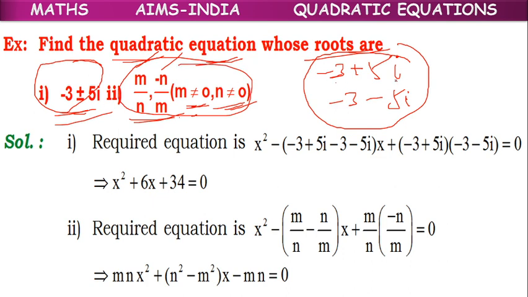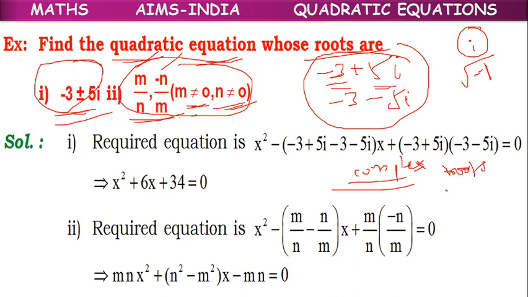Actually, what is minus 3 plus 5i? There i stands for root of minus 1, an imaginary number. So the root is an imaginary number. A combination of a rational number and an imaginary number is called a complex number, so the roots are complex numbers here. Already we know complex roots are always conjugate.